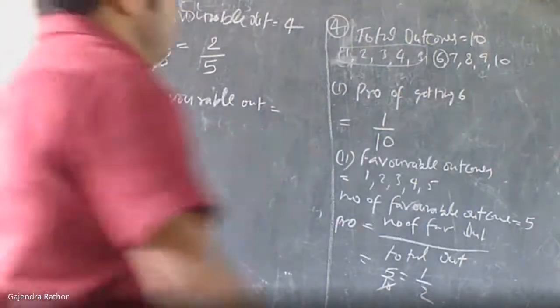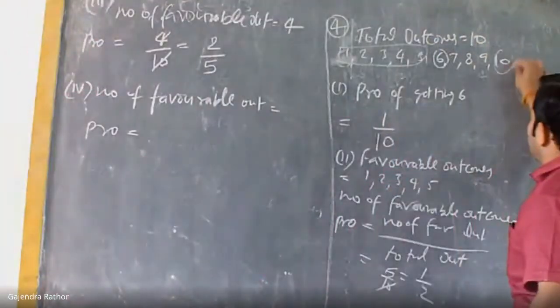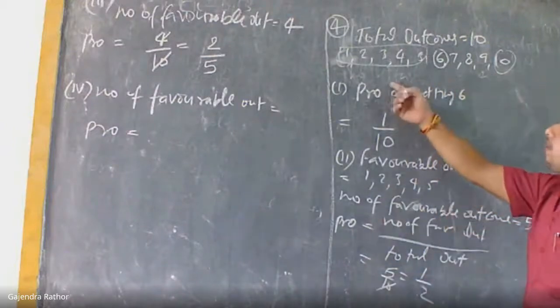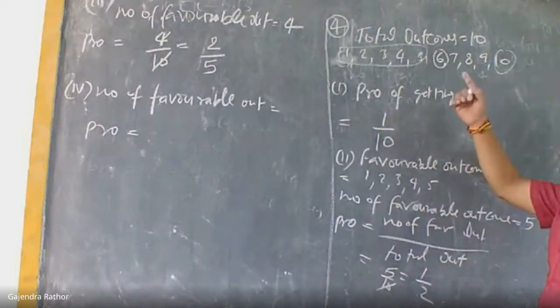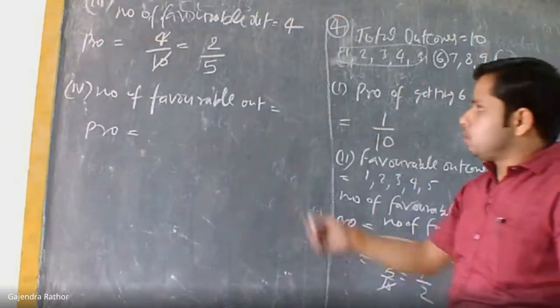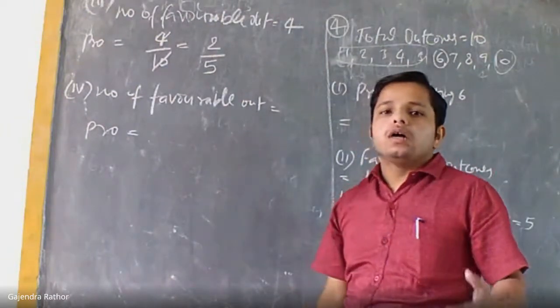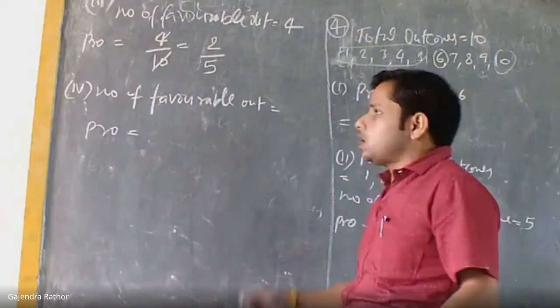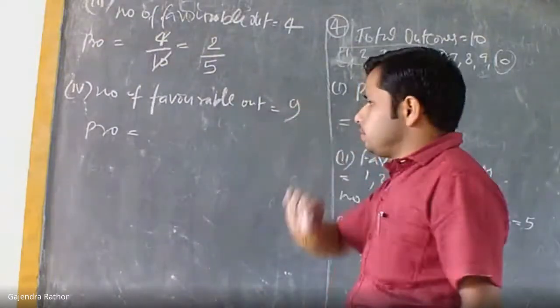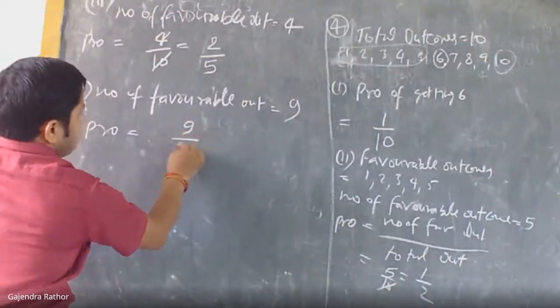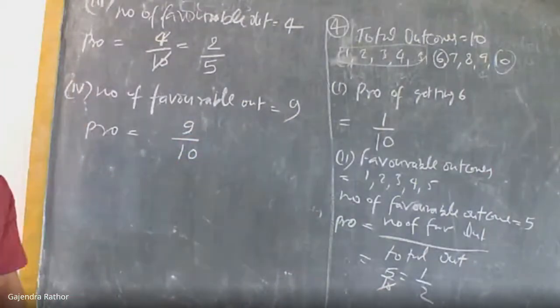We exclude 10 because this is a 2-digit number. All the other numbers have only 1 digit. So the remaining numbers are 9. So the number of favorable outcomes, or 1-digit numbers in this question, is 9. So the probability is 9 by 10.